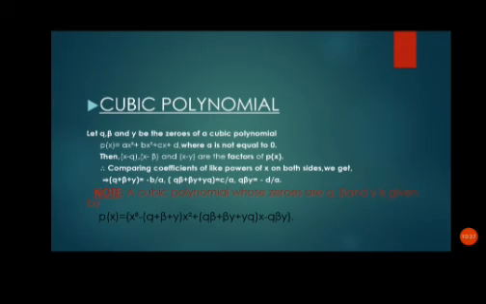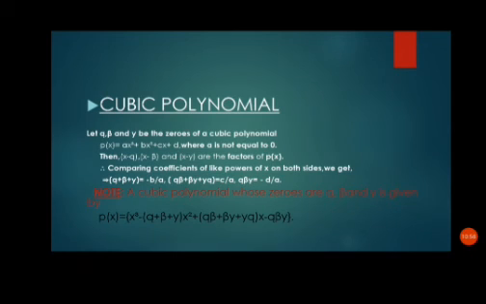Therefore, comparing coefficients of like powers of x on both sides, as we did in quadratic polynomials, we get alpha plus beta plus gamma, the sum of all three zeros of the cubic polynomial, equals minus b by a.